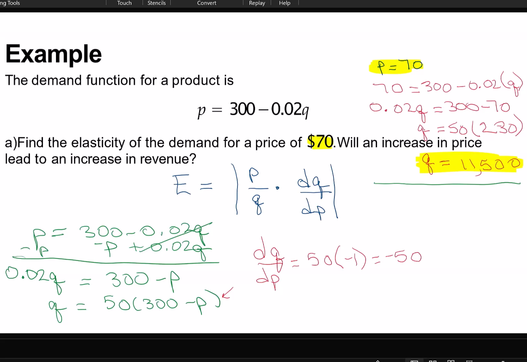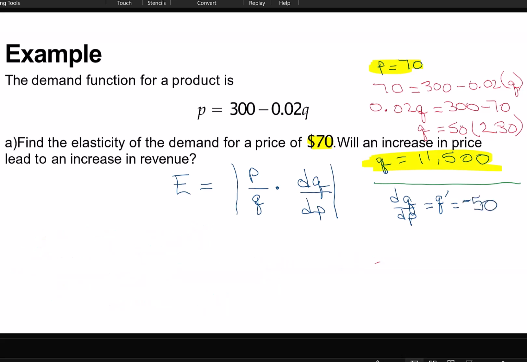It's good because it always should be negative. So Q is equal to 11,500. dQ/dP is equal to Q prime is equal to negative 50. I have everything I need for my formula.